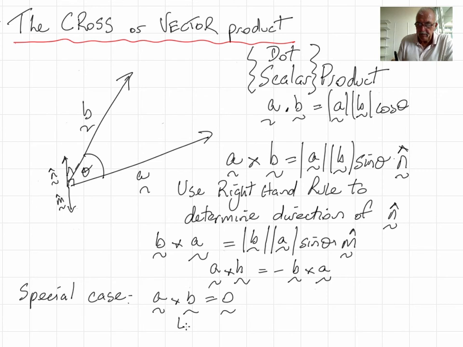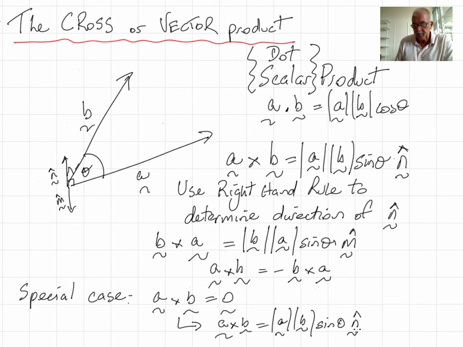By definition, A cross B will equal the absolute value of A, absolute value of B, sine theta, n. Now that's not 0, that's not 0, that's not 0, so therefore sine of theta is equal to 0.